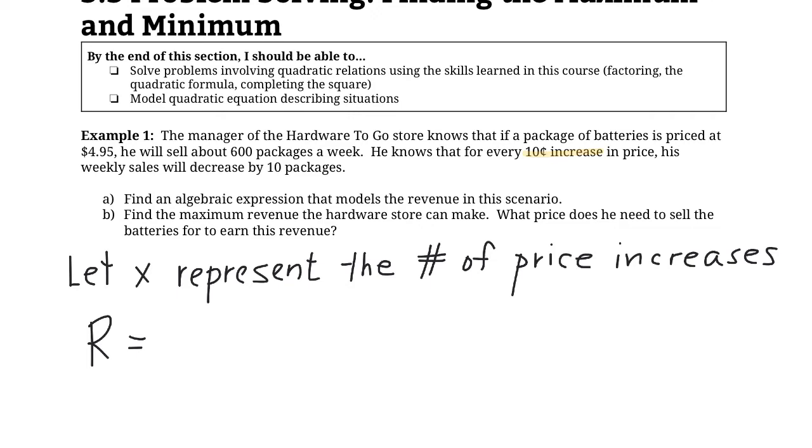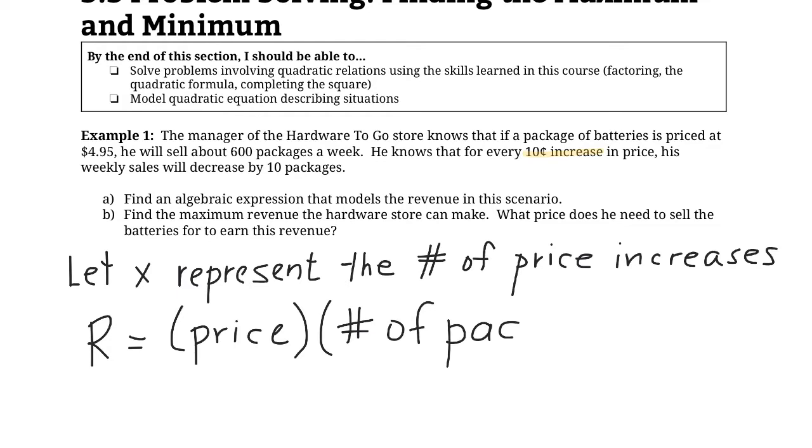And in order to find out how much money the store will earn, it's going to be dependent on the price of the item in question, which are the batteries, multiplied by the number of packages of batteries that they can sell. Now, there are some changes that are happening to both the price, and the number of packages will therefore change as a result of changing the price.